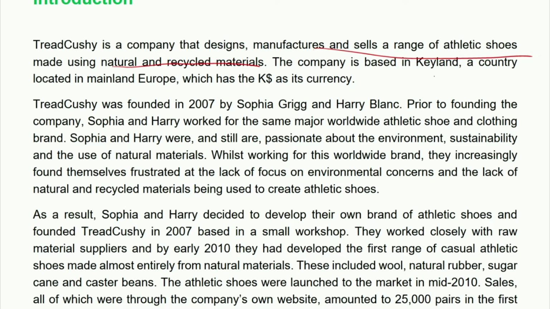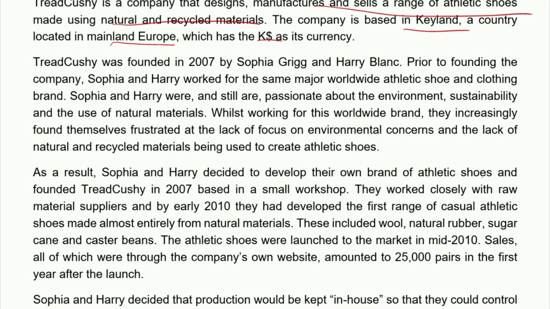So the company is based in Keyland. That's our home country as far as we're concerned, and that's located in mainland Europe and has got the K dollar as its currency. Now, Tread Cushy was founded in 2007, so not so very long ago, really. What's that, 14 years ago, I suppose, by 2 people, Sophia and Harry.